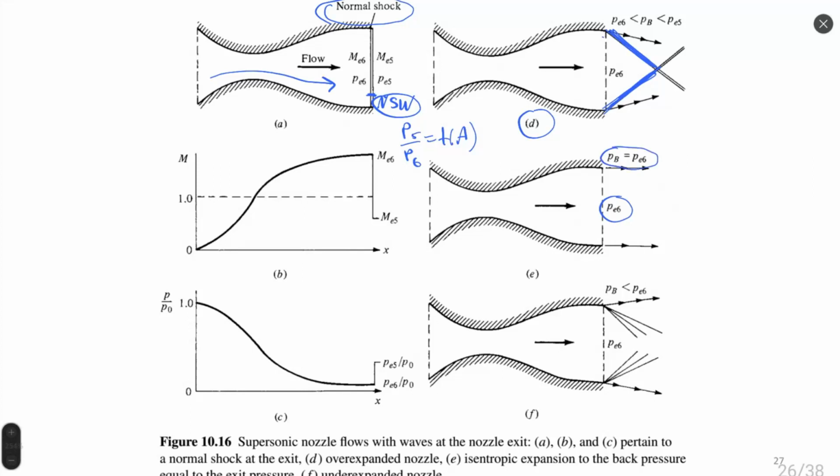It creates for us a uniform flow with no disturbances from the atmosphere, because we have the same pressure at the exit of the nozzle and in the atmosphere. And in the case where the pressure of the atmosphere is smaller than PE6, then this is case F, shown here.